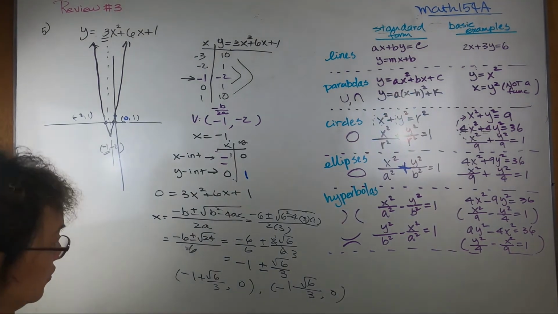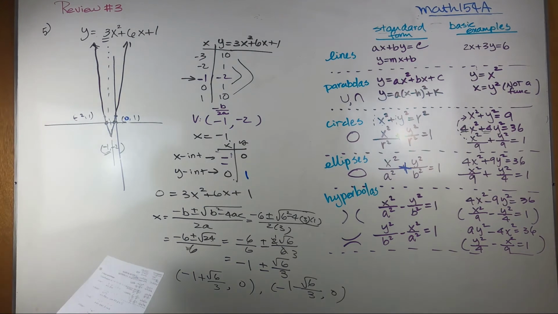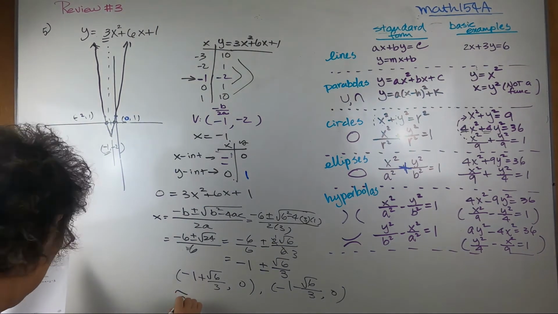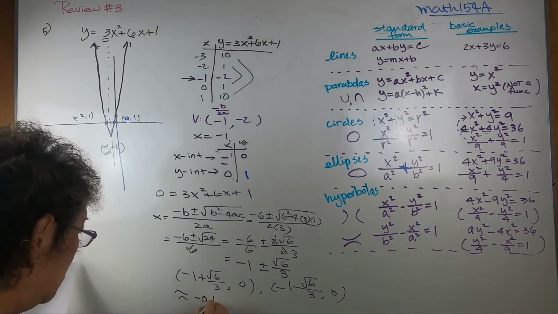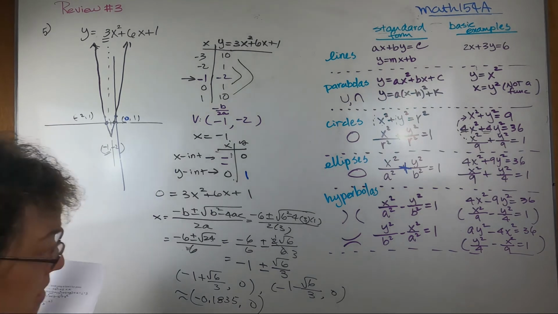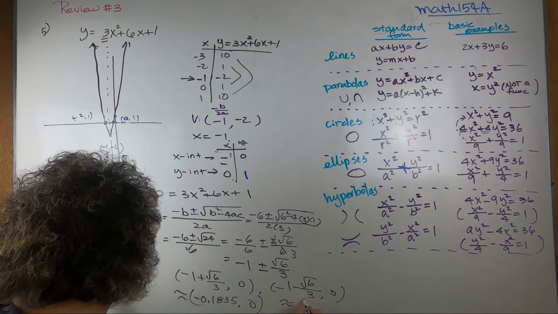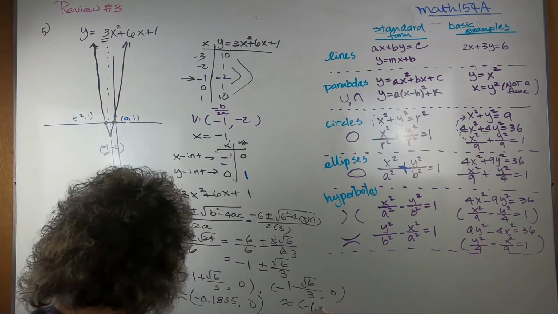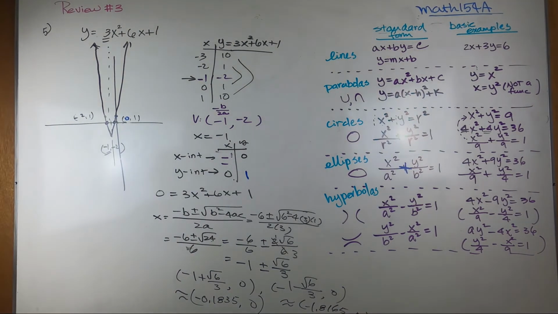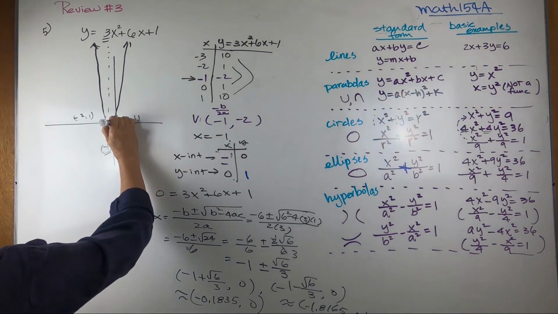Okay, so if you use your calculator, let's see what kind of number that is. That's about negative 0.1835 paired up with 0. This one is about negative 1.8165 paired up with 0. Okay, so you can see one of the positions is here.